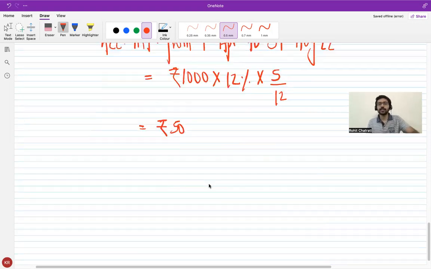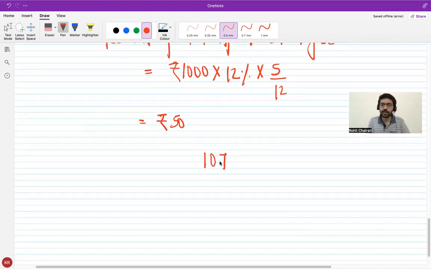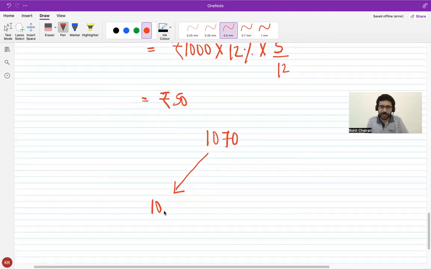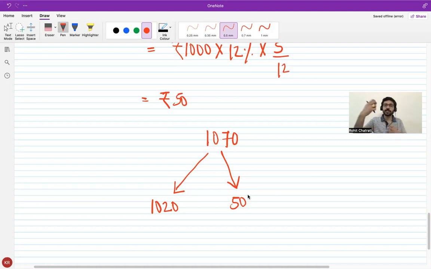So indirectly, this 1070 of cum interest price has got two components. One is the price that I'm paying actually for the bond, which is 1020, and the price that I'm paying for interest. The person from whom I've purchased the bond was holding it for a period of 5 months, from 1st April till 31st of August.